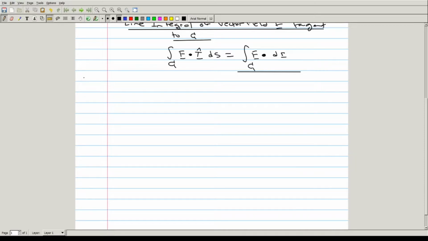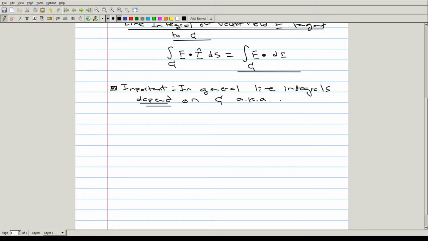So all of these line integrals in general, important point: in general, line integrals depend on C. The way of writing this is that they are path dependent.